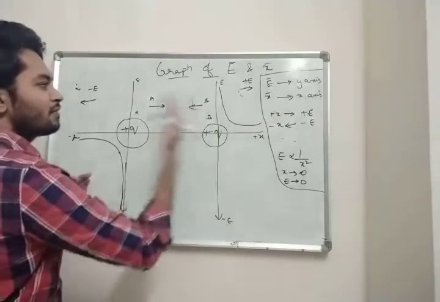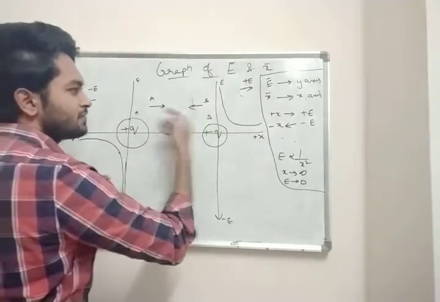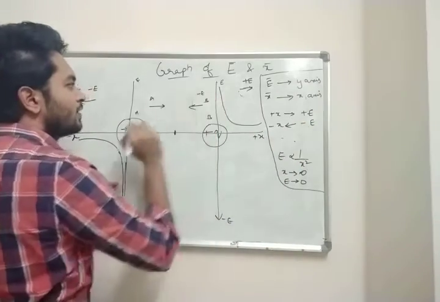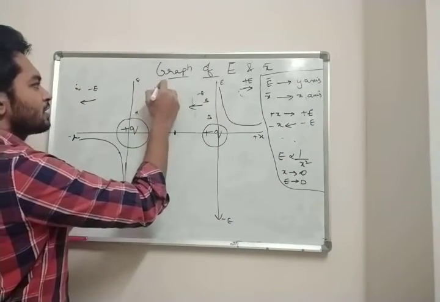And due to B, electric field is left side. Now, if it is left side, what will be considered? Negative electric field. And due to the other, positive electric field.